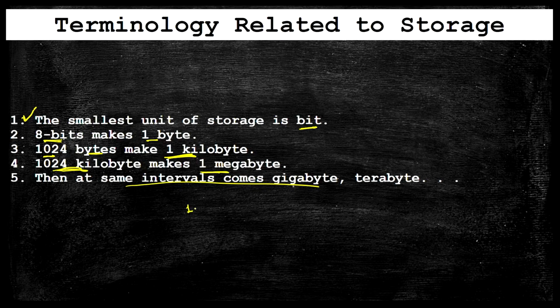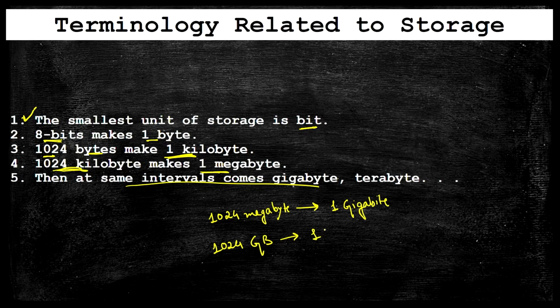That means 1024 megabytes will give 1 gigabyte, and like this 1024 GB, or gigabytes, will give you 1 terabyte.